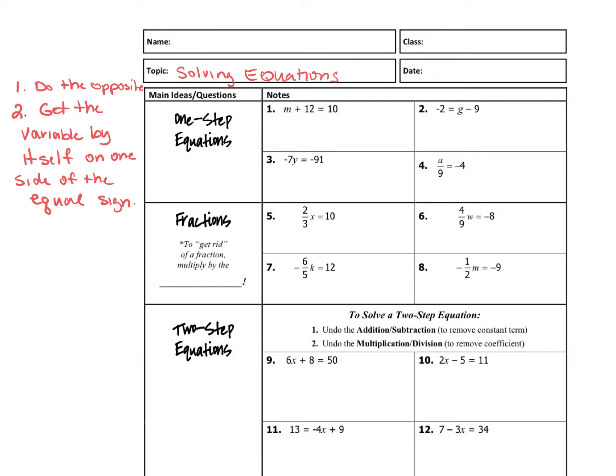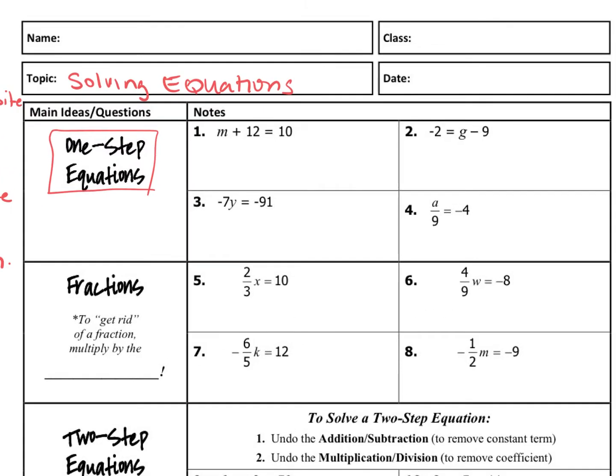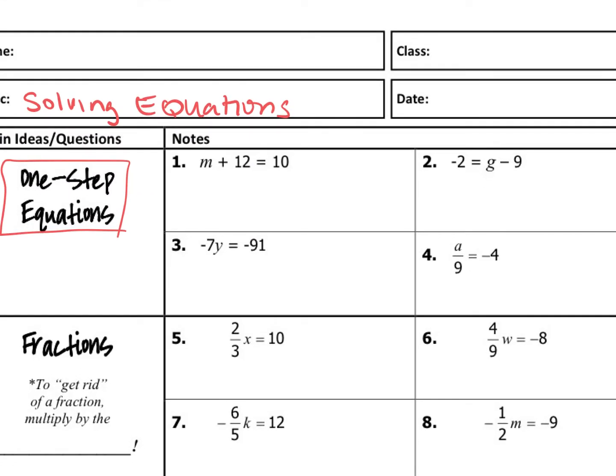Okay, so we're going to talk about first one-step equations. And with one-step equations, it's really not hard at all. You see, number one is an addition problem, so I'm going to subtract 12 from both sides. Now my pen just decided that it didn't want to work.